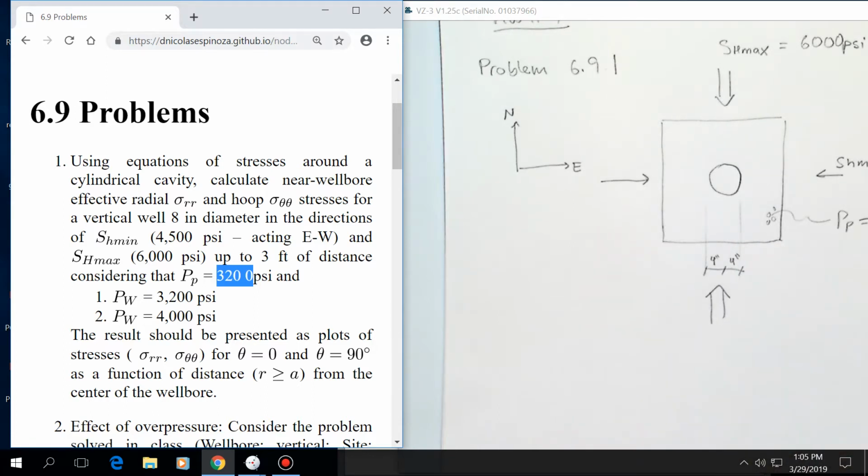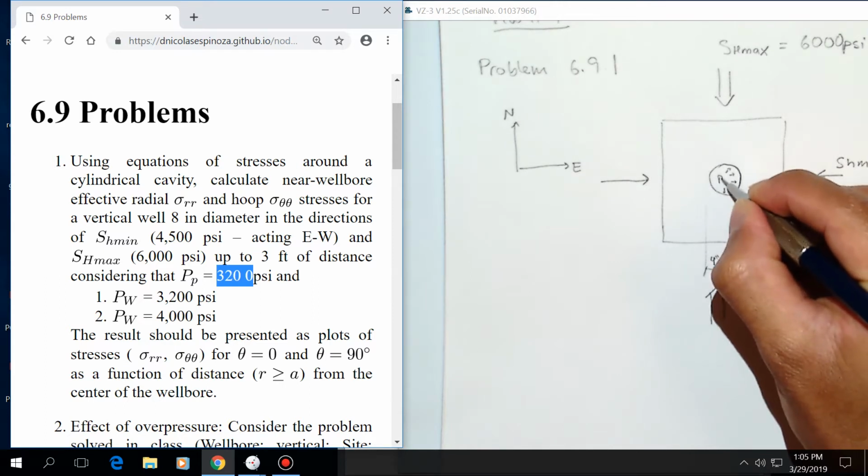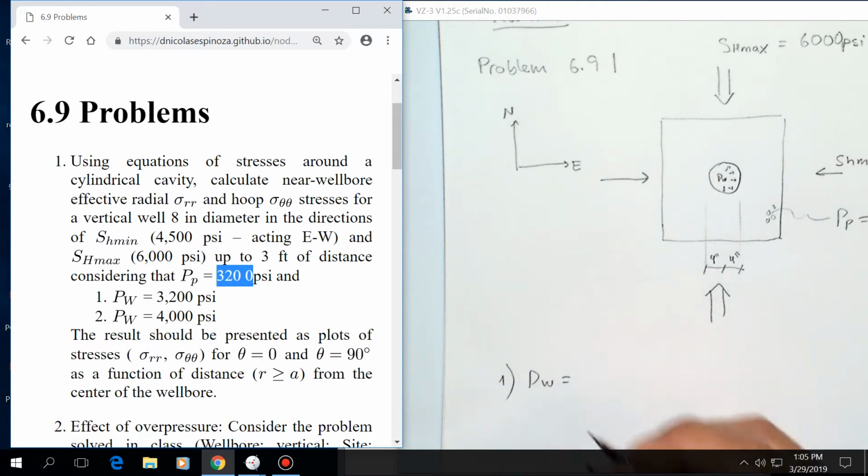Let's talk about just one case right now. Let's say that the pressure in the wellbore, in case number 1, is the same as the pore pressure. Okay, before I continue, I forgot to do something.